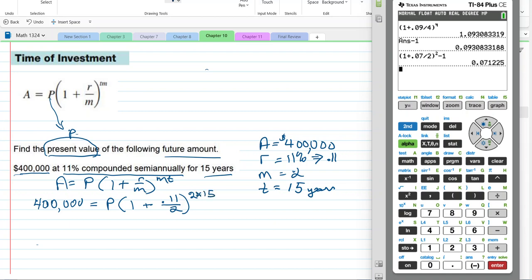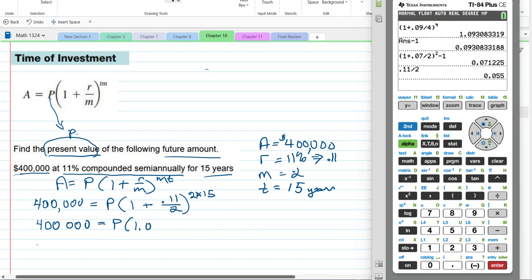I'm going to clean it up. So I'm going to have 400,000 equals, and half of that is 0.055. 0.11 divided by 2 is 0.055.